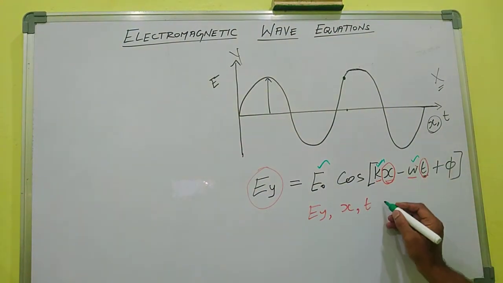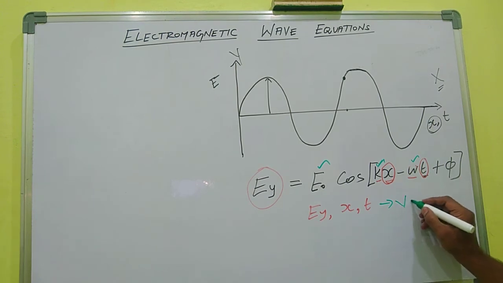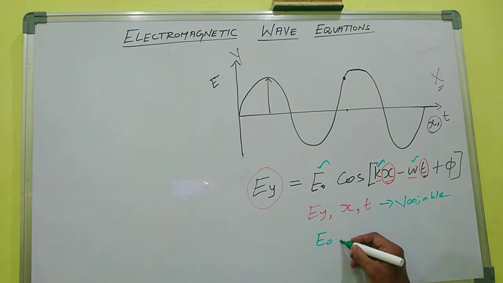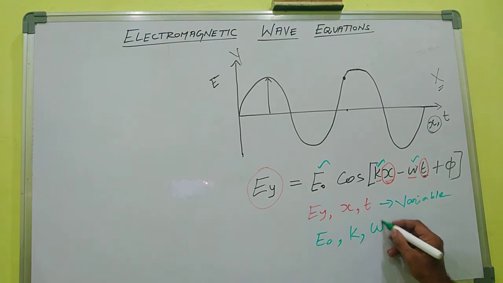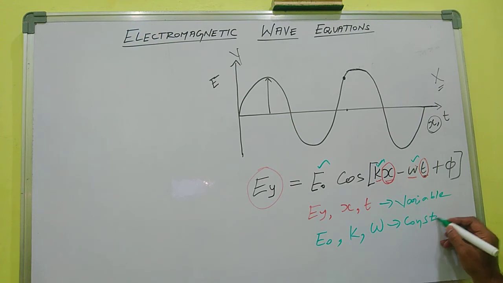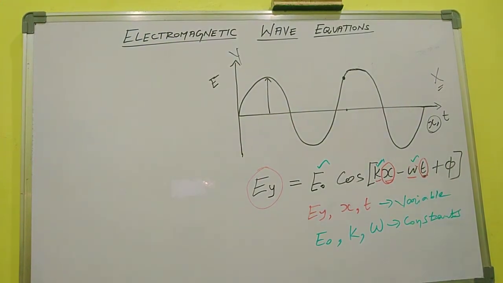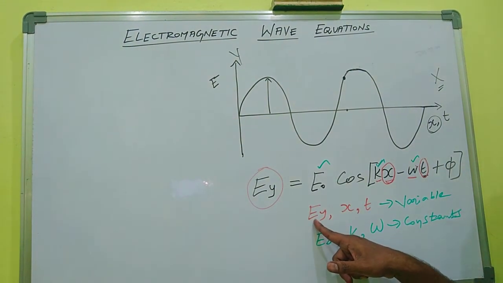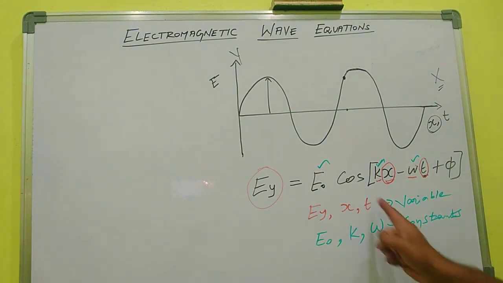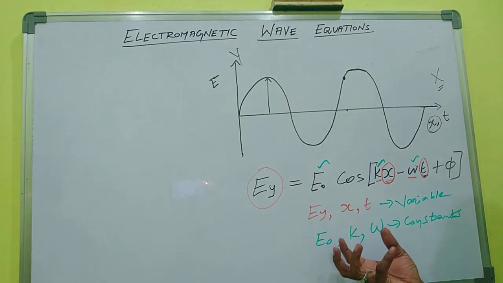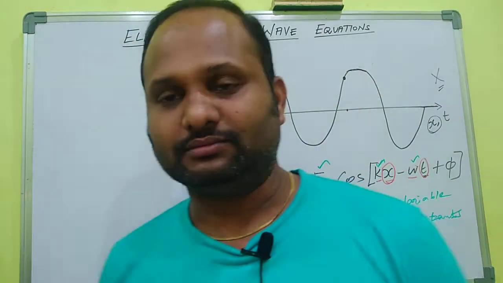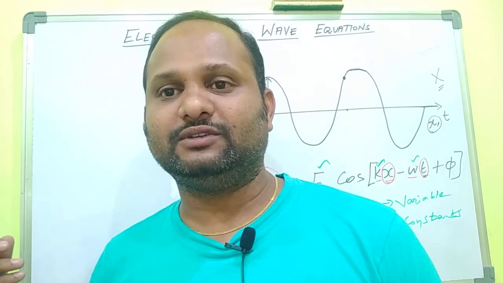So the variables are Ey, x and t, and the constants are E naught, k, omega. Please don't forget, these are all important. When the time varies, the displacement varies, then the electric field in the y direction also varies. So we can calculate at any time the electric field in the y direction. This is the electric field equation.